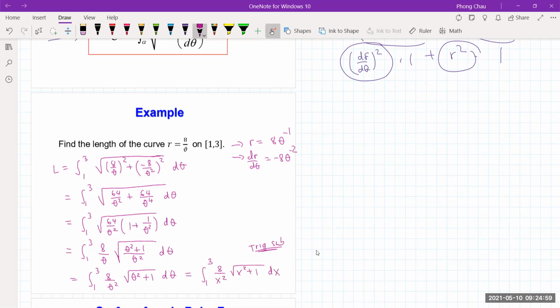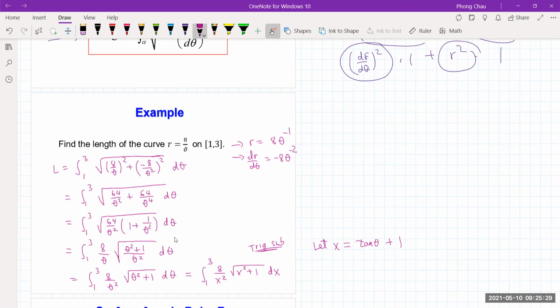And then from here you determine, using the trig sub method, let x be what function. Actually, you can see this is tangent squared plus 1. We have the formula, so x should be tangent of theta. Let you finish from here. Otherwise, in most problems, when we're dealing with arc length, the setup ends up with the square root of something inside.